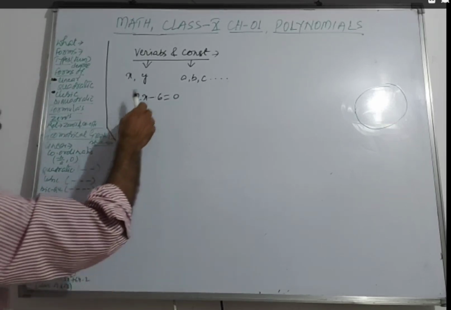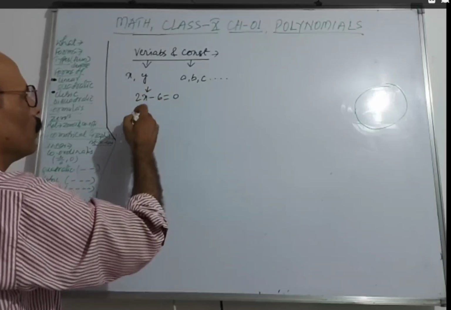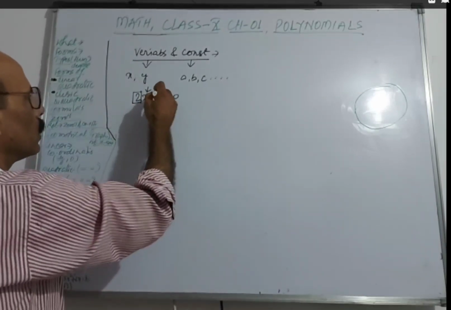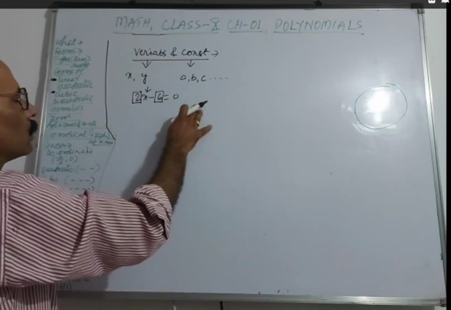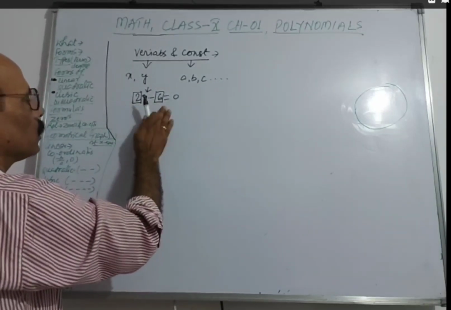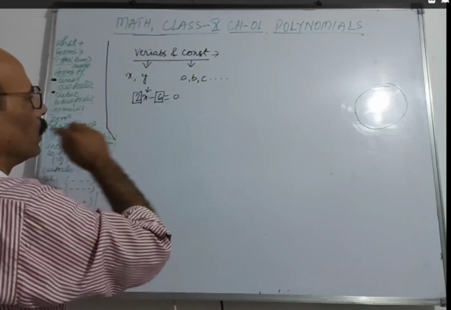We will explain how it is a linear polynomial. In this polynomial, x is variable, and 2 and 6 are constants. This is a set of constant and variable.